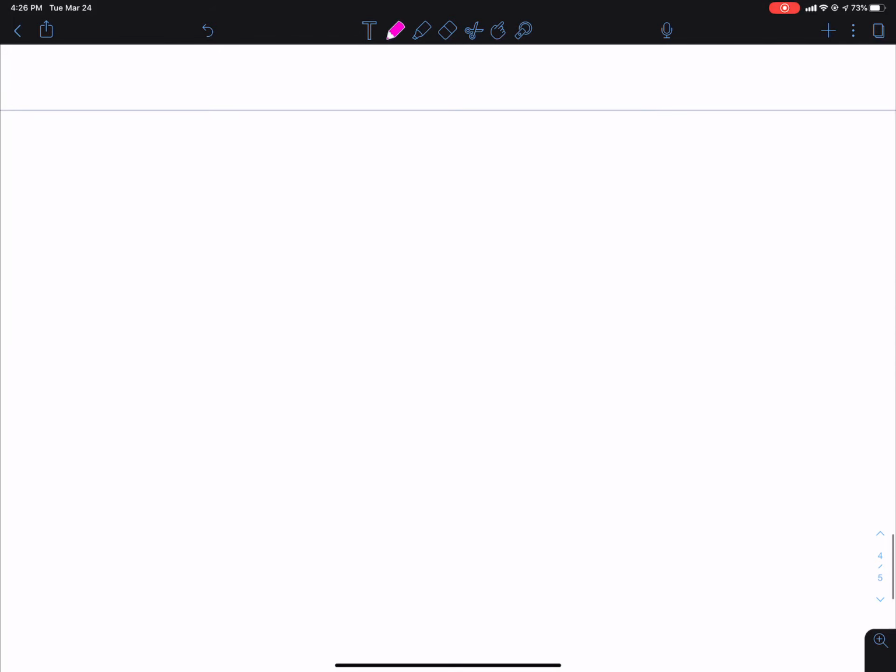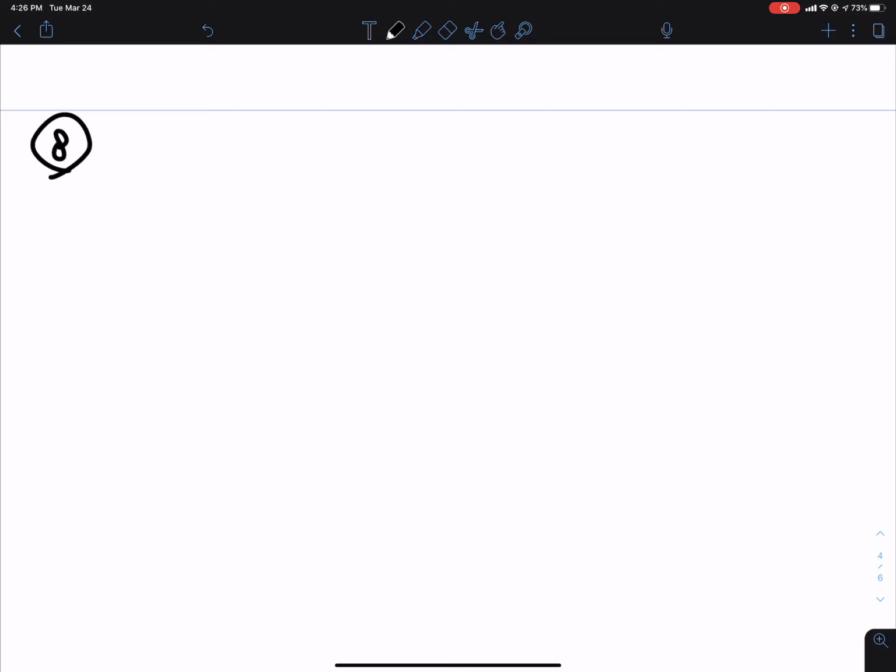All right, let's move on to number 8. So this one's kind of crazy. It says it has a horizontal tangent line and an inflection point at the same value of x.